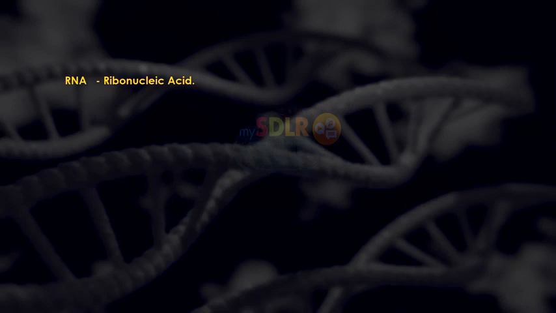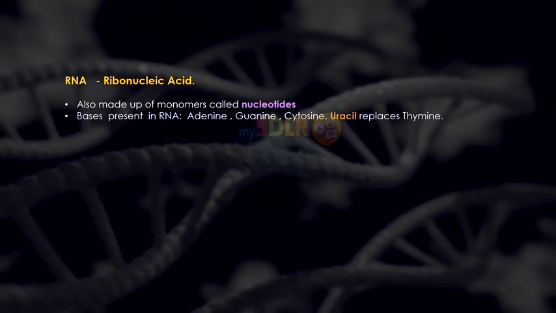The other nucleic acid that we want to teach in this topic is called RNA, and RNA stands for ribonucleic acid, symbolized RNA. Being a polymer, it's also made up of monomers called nucleotides. The bases present in RNA are similar to those in DNA, except thymine is replaced by uracil. So the bases present in RNA would then include adenine, guanine, cytosine, and uracil.